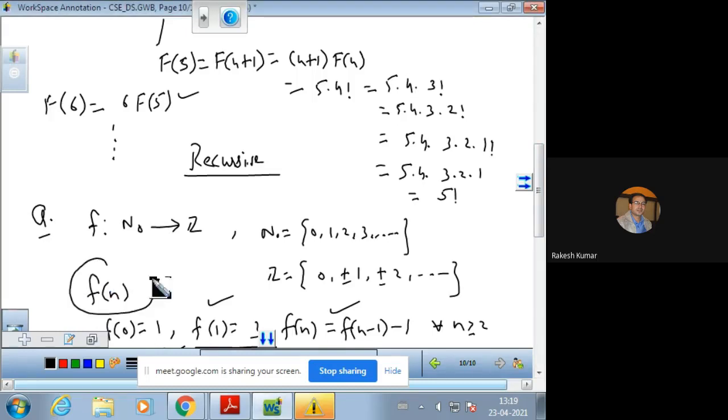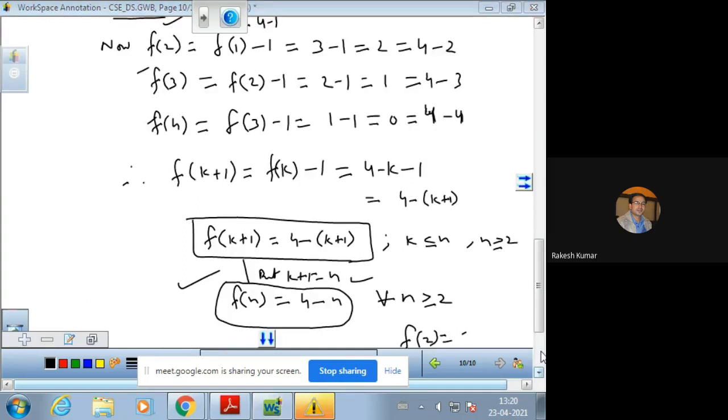This one. So we need to construct f of n, and that is more suitable in place of f of k.